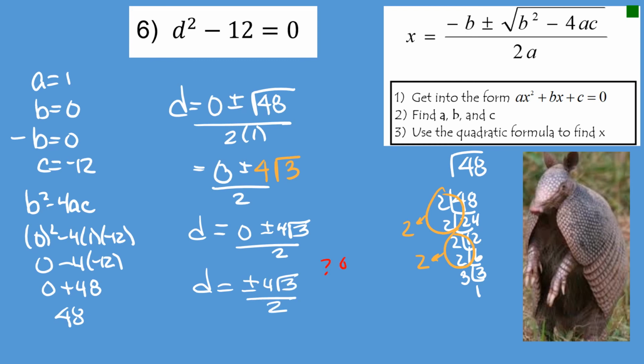Remember that question? What about the outside numbers? Do 4 and 2 both divide by the same thing? They both divide by 2. So x is going to equal plus or minus 2 times the square root of 3 over 1. We're just going to say plus or minus 2 times the square root of 3.